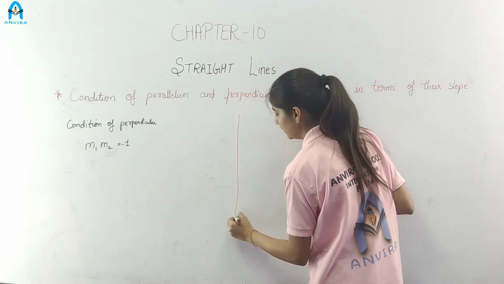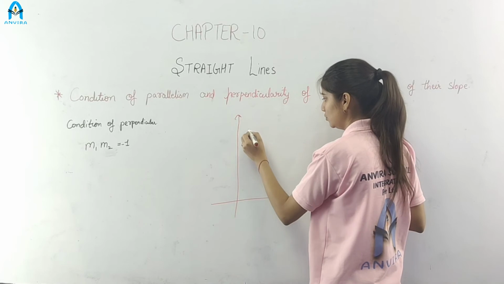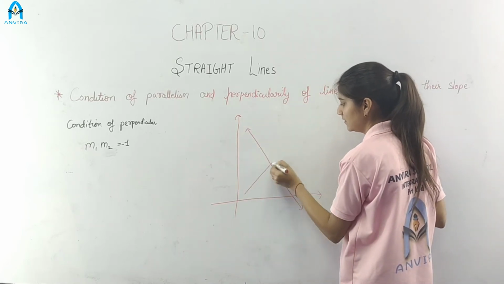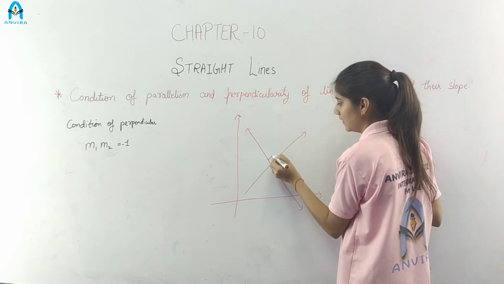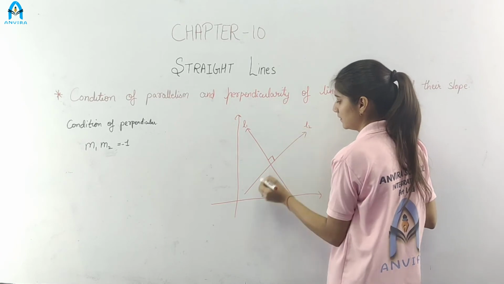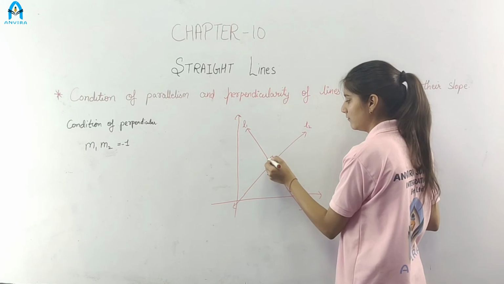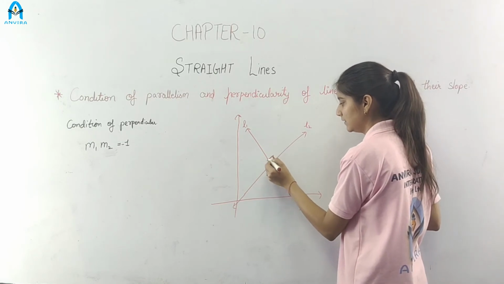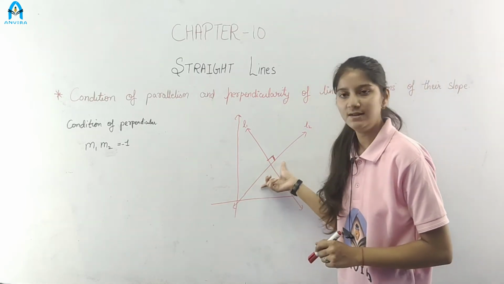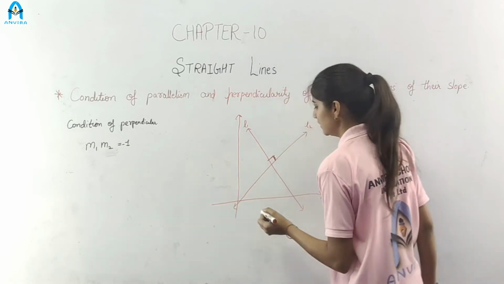I have given a Cartesian plane. We have taken two lines, that is L1 and L2, where L1 and L2 intersect each other at an angle of 90 degrees. When both the lines are perpendicular to each other, then how could I find it?